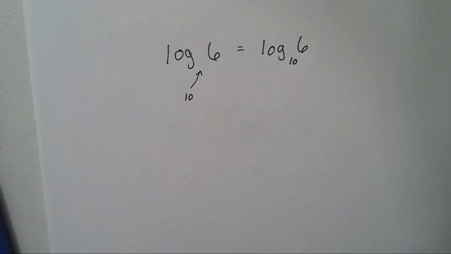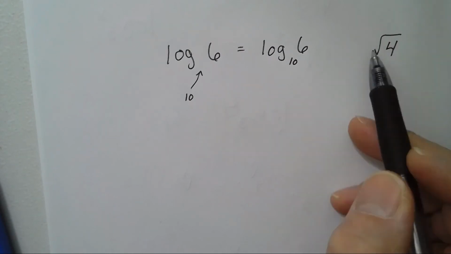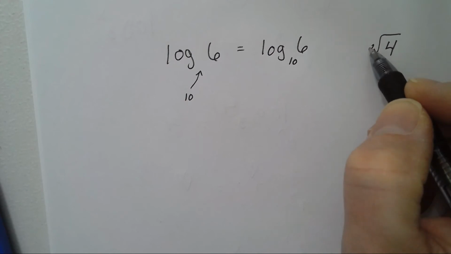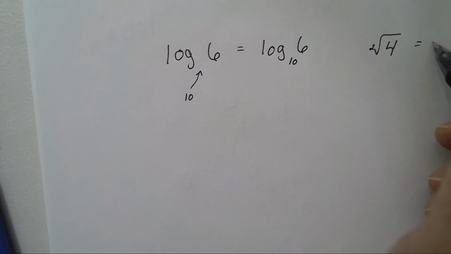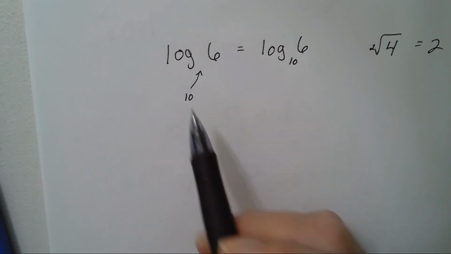Kind of like if you're taking the square root of 4, well, what number is out front? It's so common to use a square root, we don't even write a 2 every time. So log, L-O-G, if there's no number there, it's a 10.